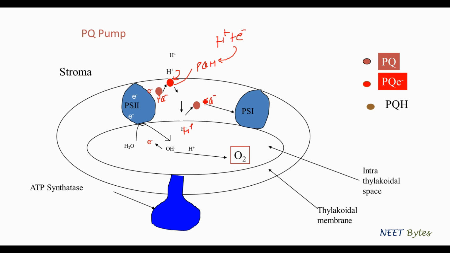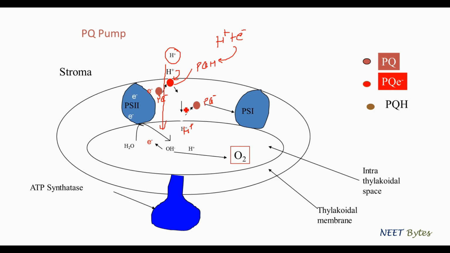So again this is a PQ minus, and thus again it goes back to the PS1. So you see that this molecule keeps on moving from the outer end to the inner end, thereby picking up this H ion and transferring it into the intrathylakoidal space, and this particular event is called the plastoquinone pump.